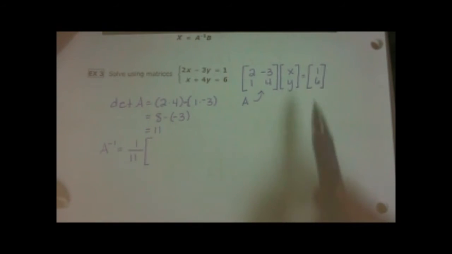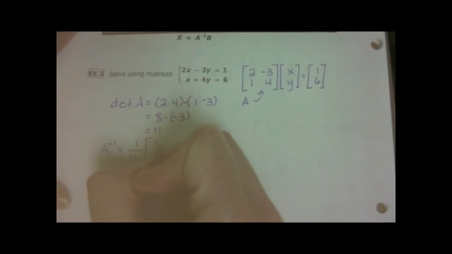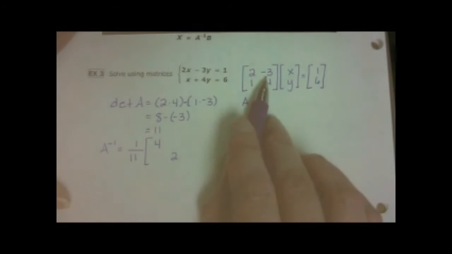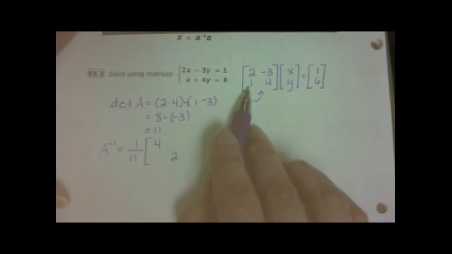A inverse equals 1 over 11 times, and this is the part where I think people forget, you've got to change the order of your numbers. So the 2 and the 4 switch places. And then the -3 and the 1 stay where they are, but they change signs. So this becomes +3 and -1.